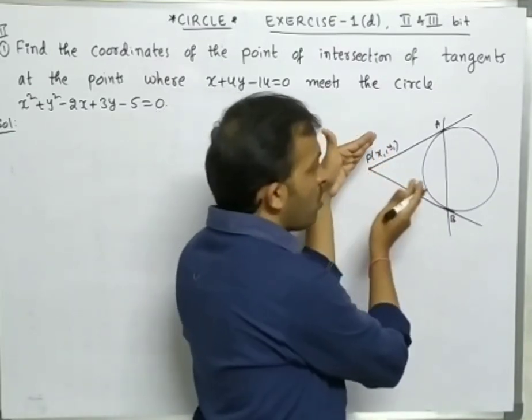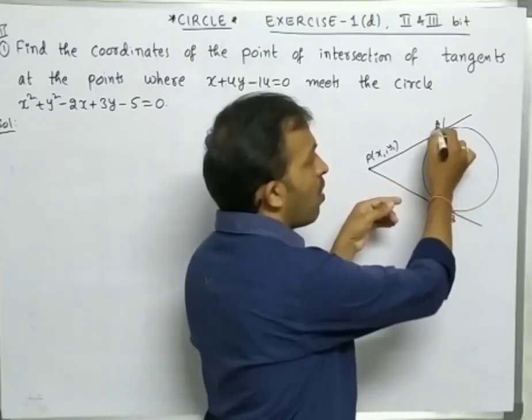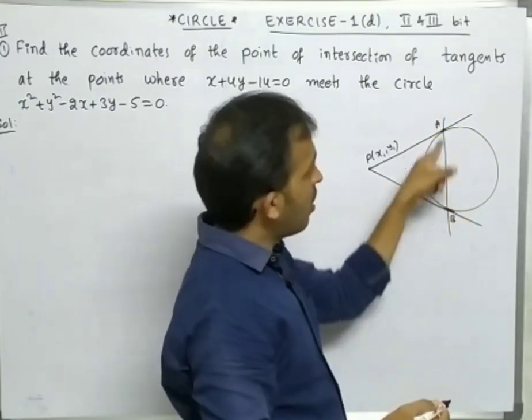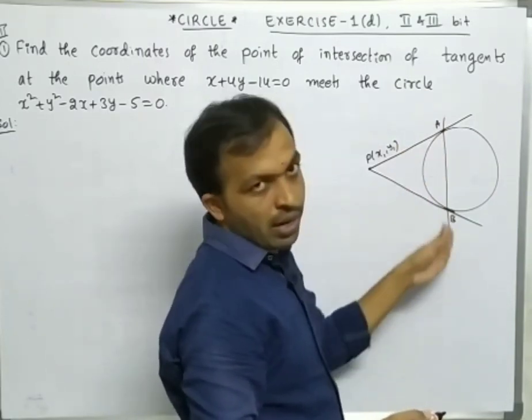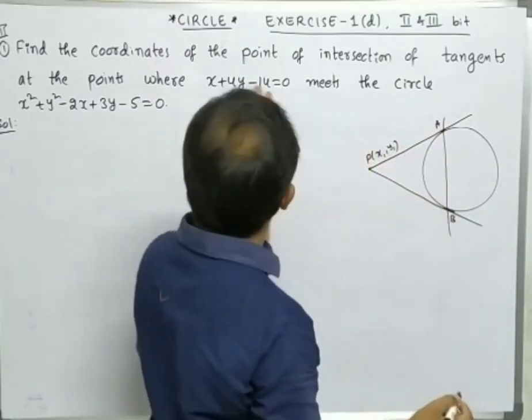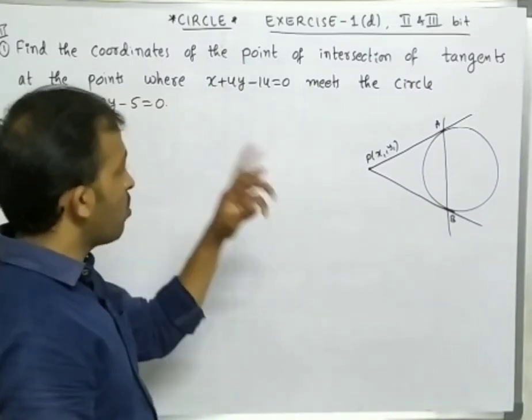So these two tangents meet the circle at two points called A and B, and the chord of contact equation is given, x plus 4y minus 14 is equal to 0, which meets the circle at 2 points.